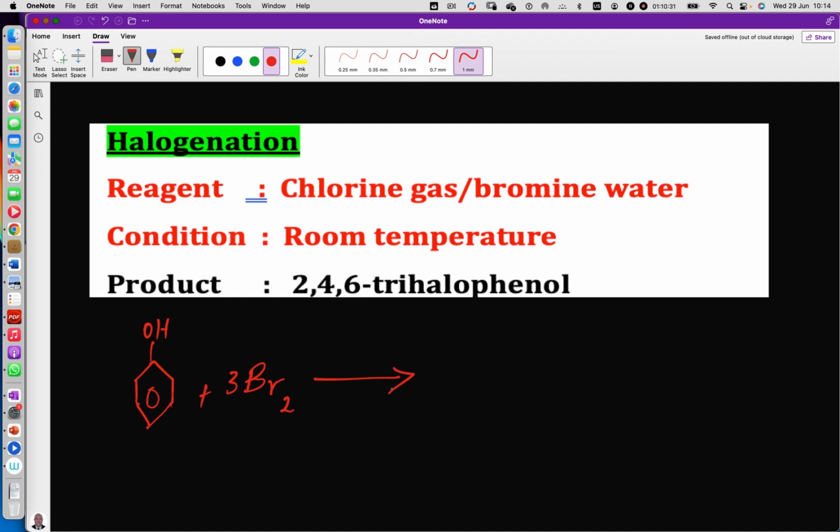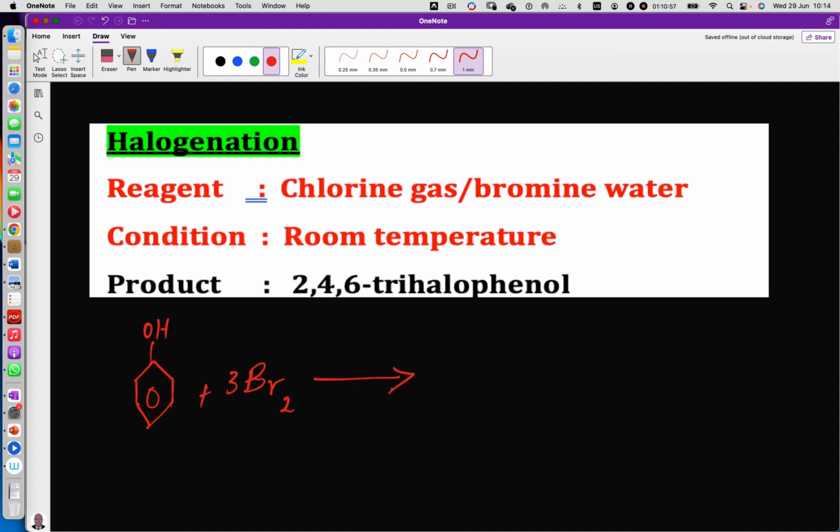The reason is simple. This is because phenol is very, very reactive. From the onset, I told you phenol is more reactive than the benzene ring. So they can react without a halogen carrier or without UV light when reacting with halogens.